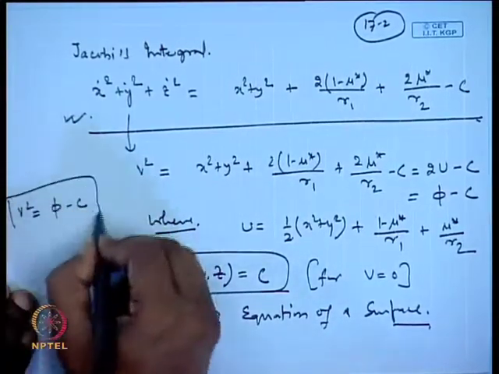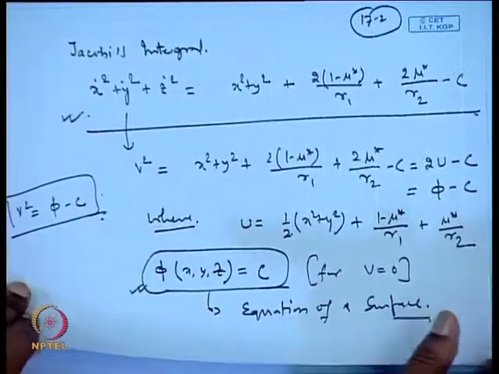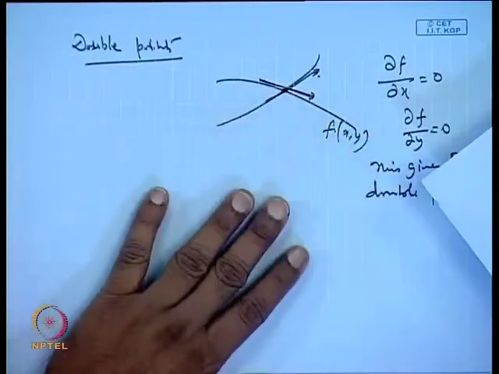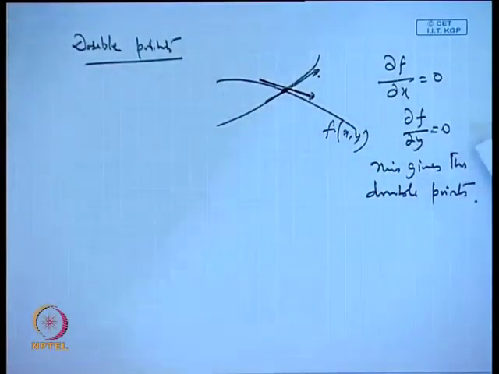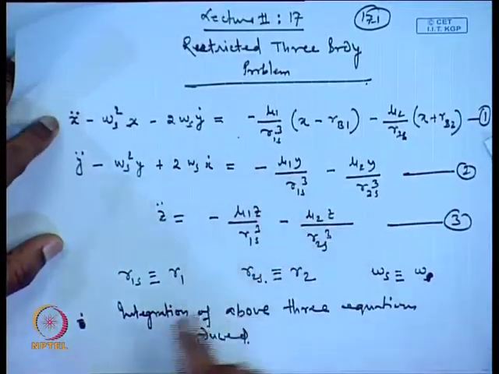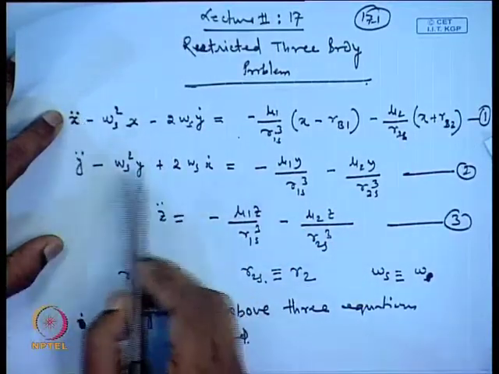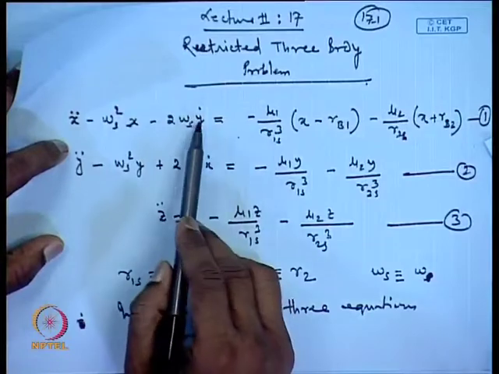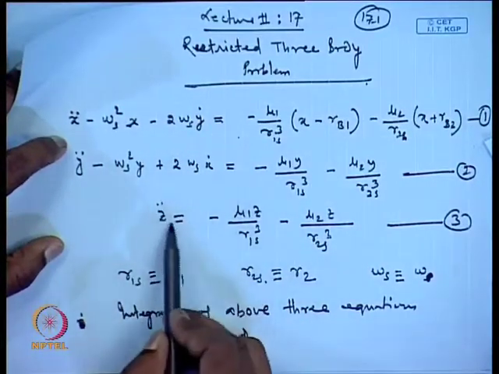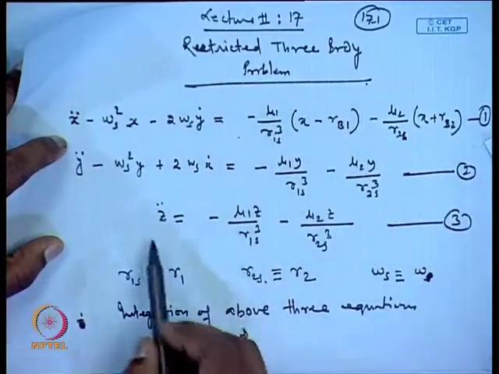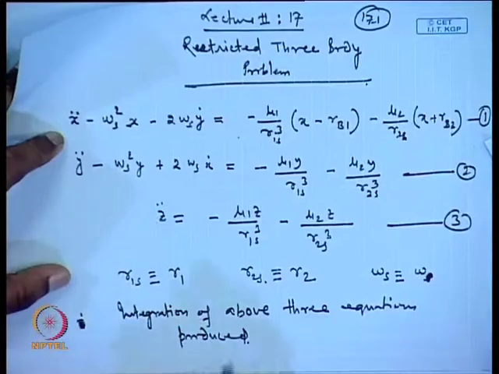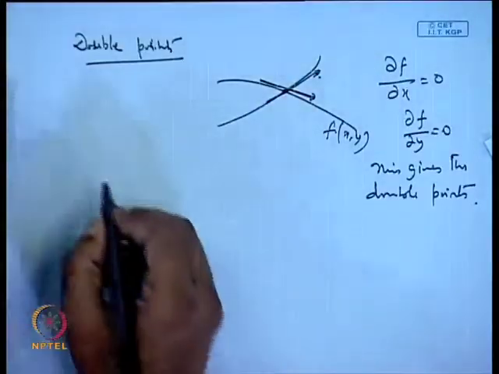Okay. With this equation it is possible to work out, using the partial differentials, and find the librational points, or you directly use the equations which we developed earlier and set x double dot, y double dot, z double dot equal to 0. Of course, z dot is not present in this equation, but the equilibrium point also refers to x dot, y dot equal to 0.